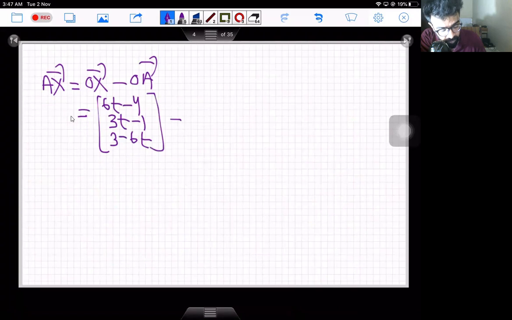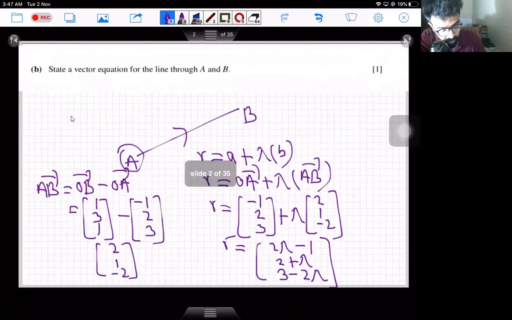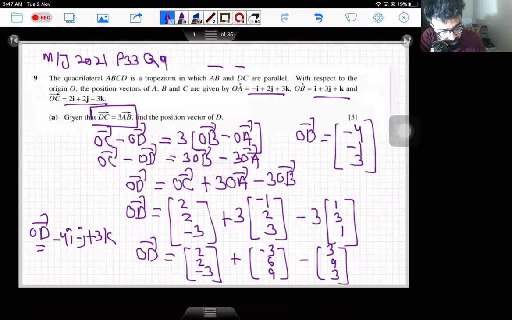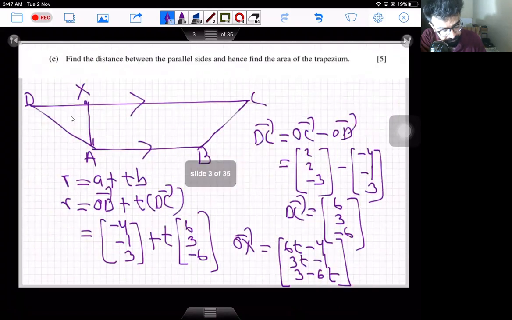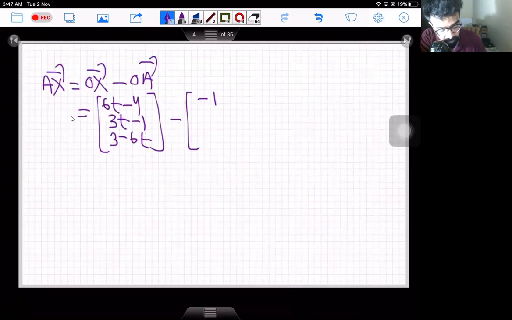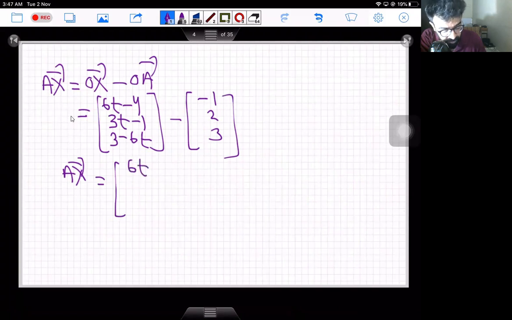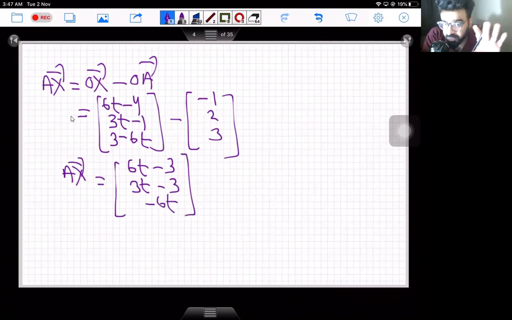Now you will take away the OA vector, which you know according to the information in the question: -1, 2, 3. And this is your AX vector in terms of t. 6t minus 4 plus 1, so this is 6t minus 3, 3t minus 3, and 3 minus 3 cancels out, so you have -6t left. So this is basically the AX vector in terms of t.